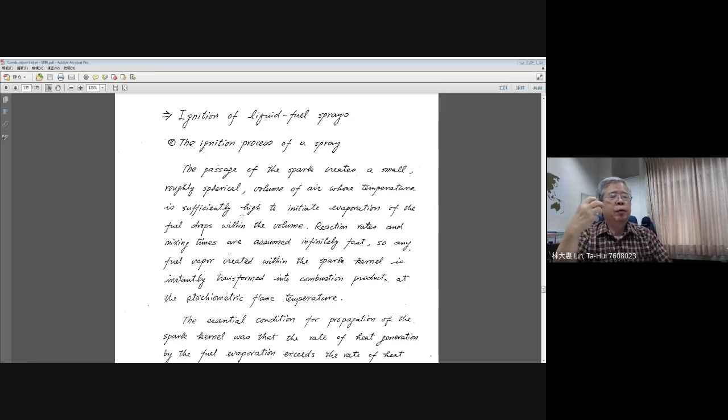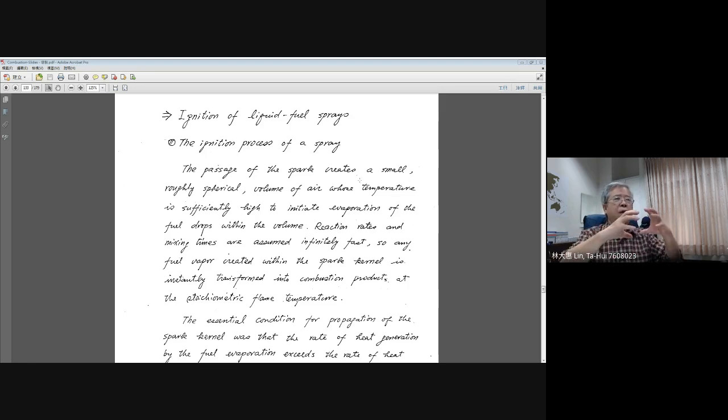Now, we bring in this gasification process. Definitely, the gasification process for the fuel droplet will produce additional heat loss, right?